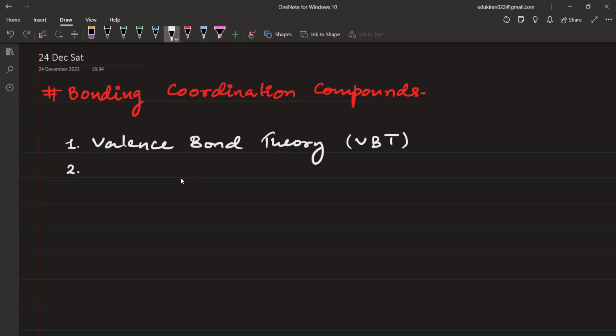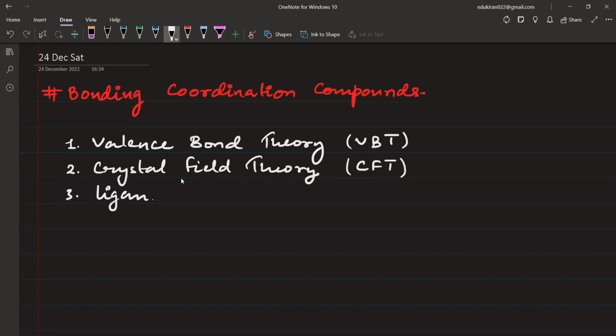Then we have the crystal field theory, known as CFT. There is the ligand field theory, that is LFT. And the last one is molecular orbital theory.